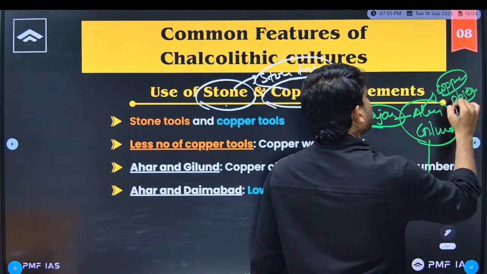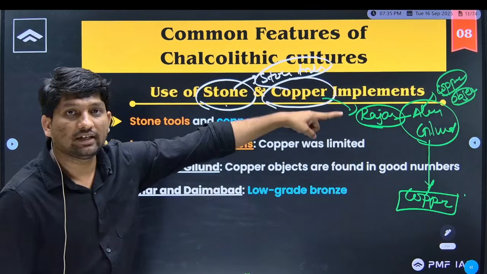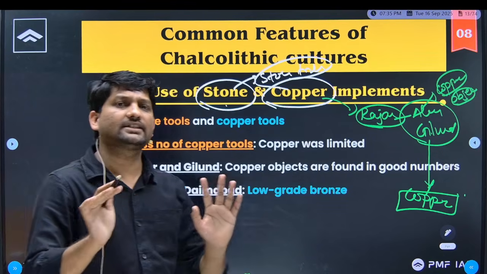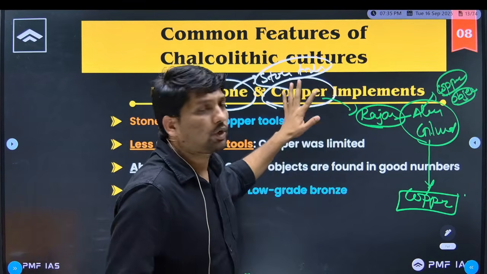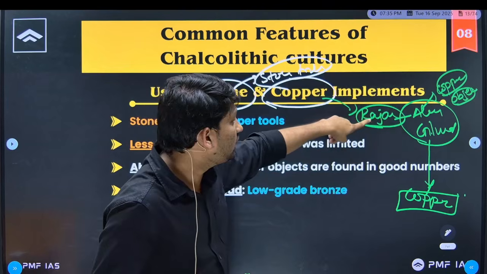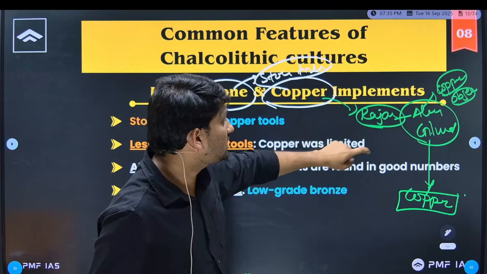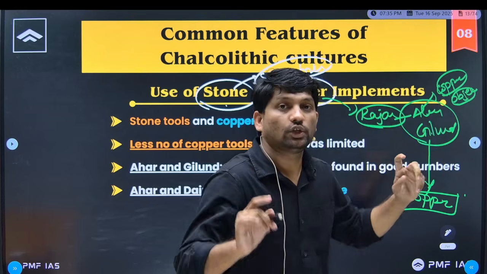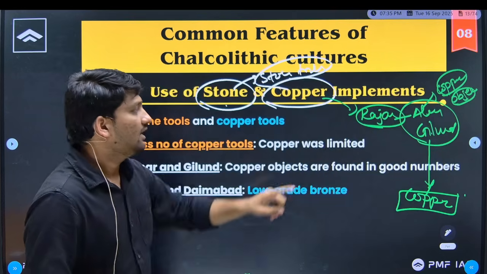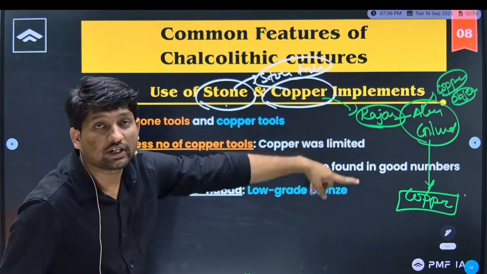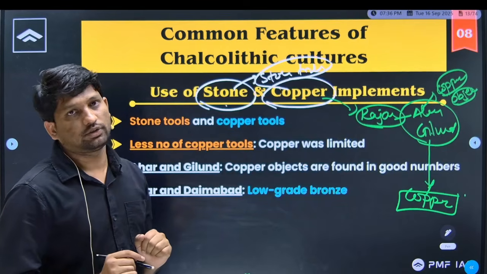Why? In general, in any site, you will find copper objects very rarely, but particularly in the Ahar culture, that is Ahar and Gilund, you will find a good number of copper objects. The reason is this site is located near this copper resource.